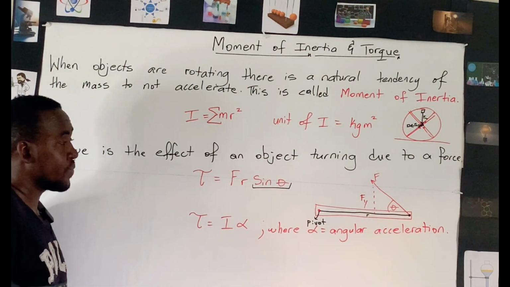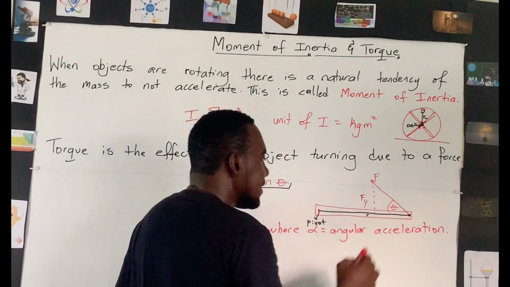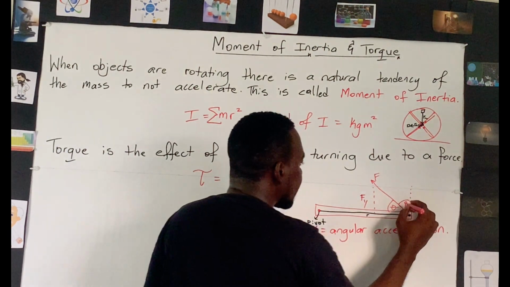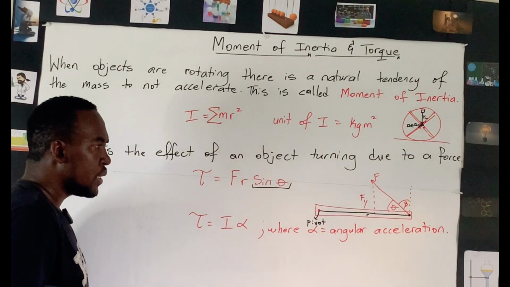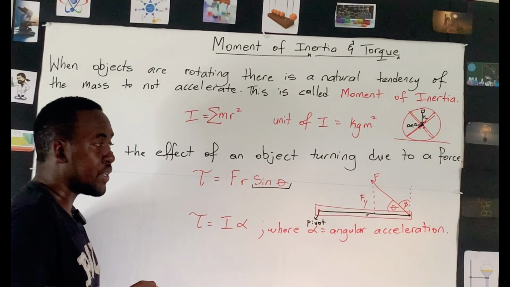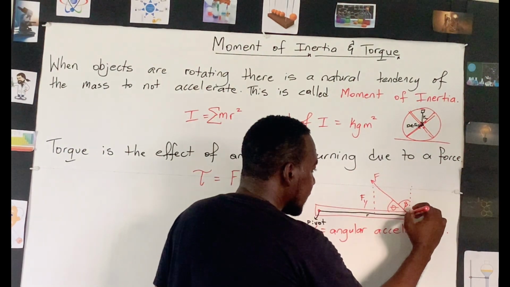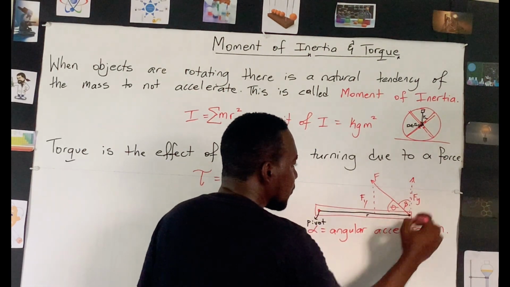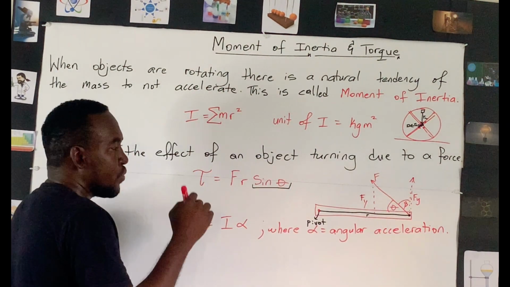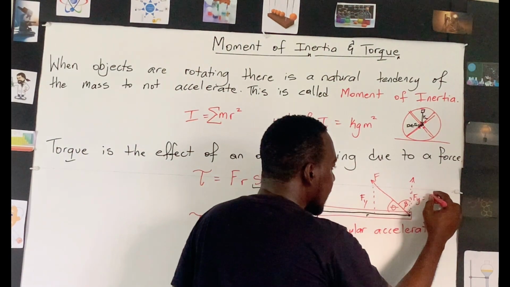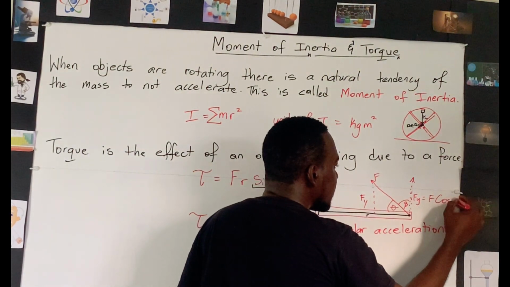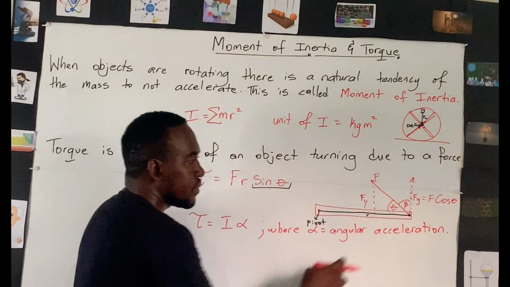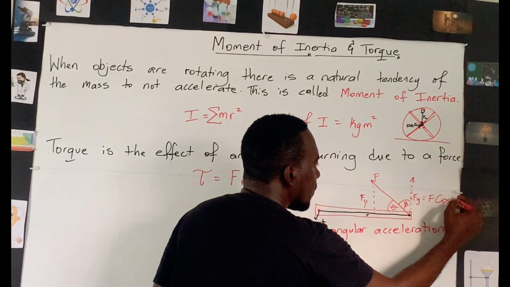But please note, if by any chance, instead of having that angle, we had this angle beta, it would be different, because if we get it to 90 degrees, we would need this point, which is Fy here. And that Fy would be F cos theta, because now it is adjacent to the angle beta, right?